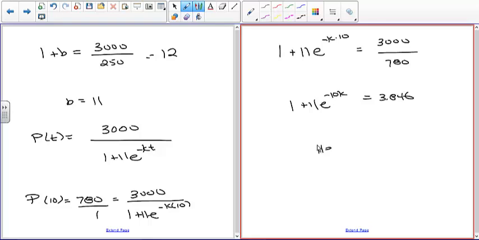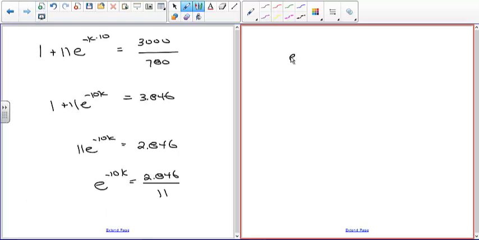Subtract 1 from both sides. You get 2.846 divided by 11. So let's go ahead and do that.